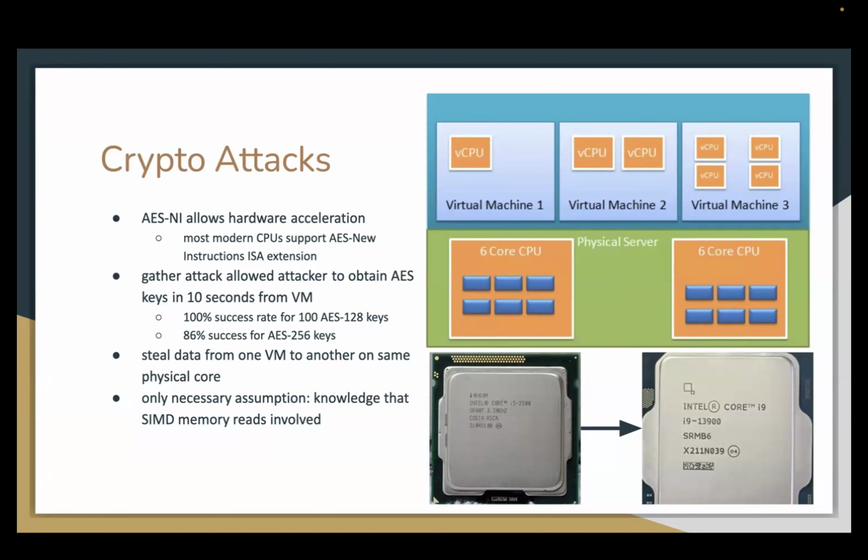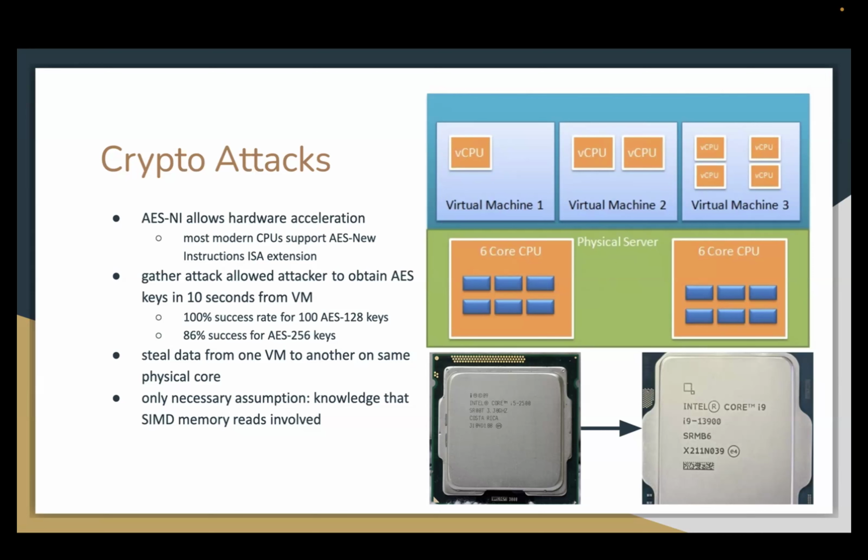Unfortunately, due to this attack, an attacker can access a victim system even if they're in completely separate VMs. The attack methodology they used was to have one VM running the AES encryption, and the other VM using the gather attack to eavesdrop on that and discover the AES keys.